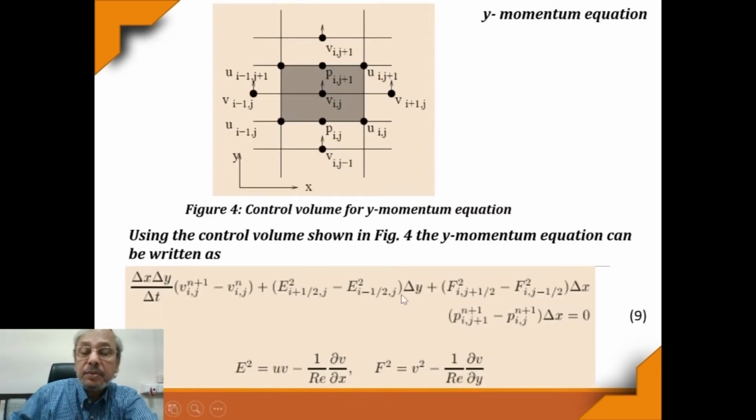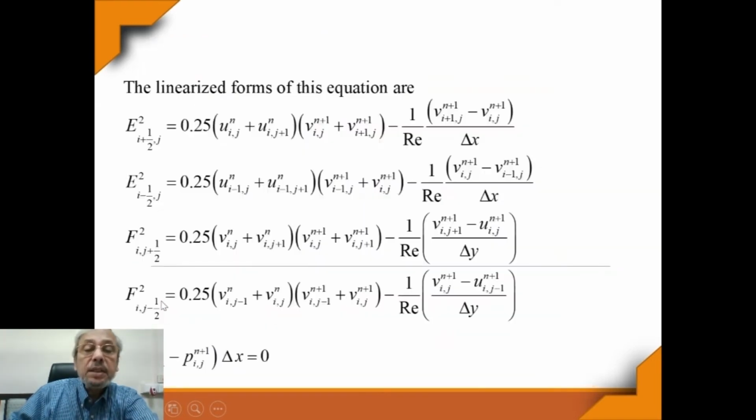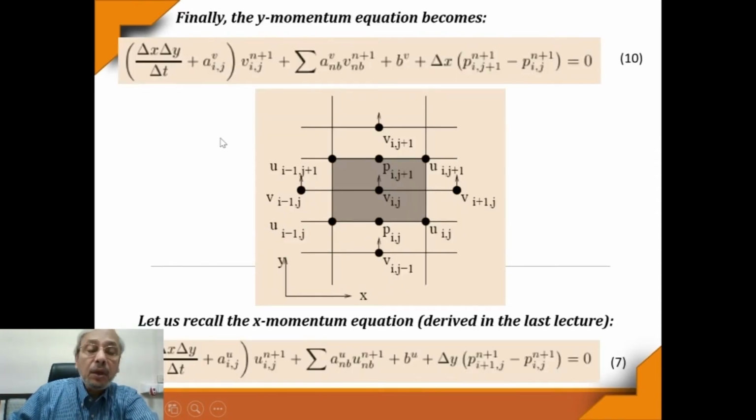That means these terms are substituted, which are basically discretization of E2 and F2. Pressure gradient term is already discretized, and temporal term is already discretized. So we write all these, nonlinearity is removed through local linearization, and then we collect the terms. Just we are repeating the same procedure that we followed for x momentum equation.